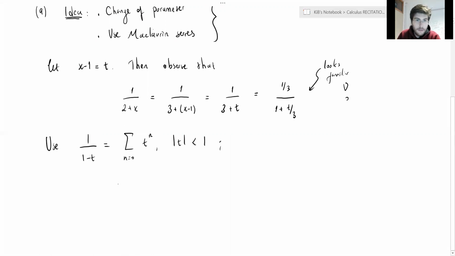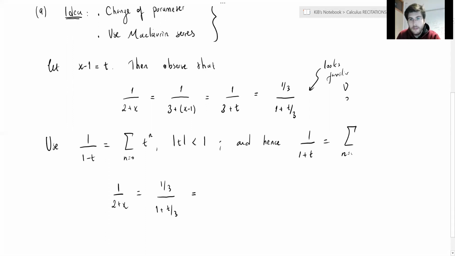So if you use this, we somehow end up with 1 plus t divided by 3. But if you look carefully, remember, 1 over 1 plus t is the sum of minus 1 to the n, t to the n, on this interval. And let's use it.